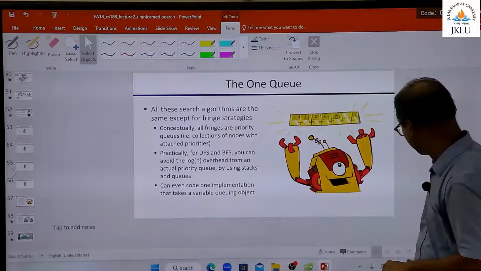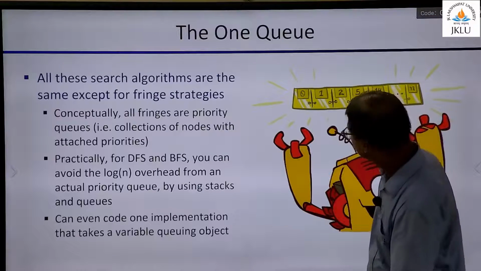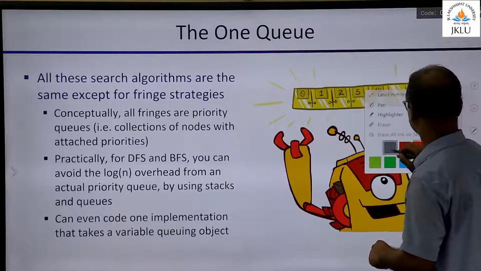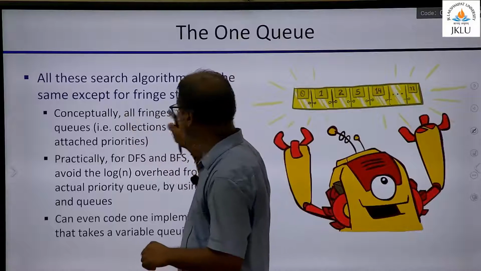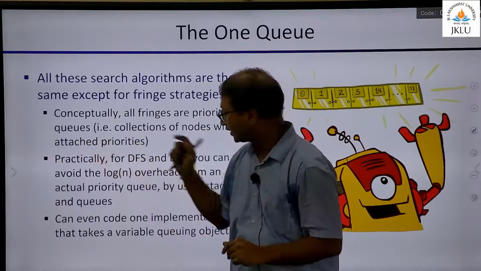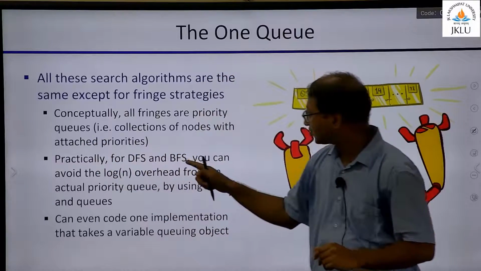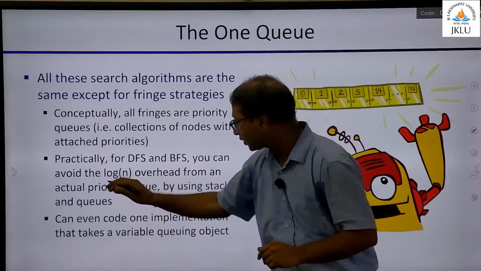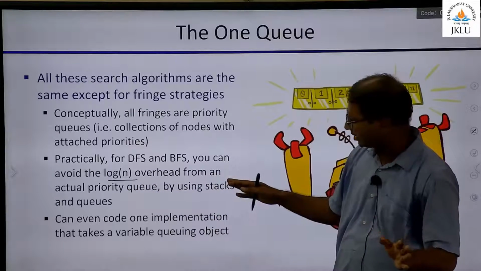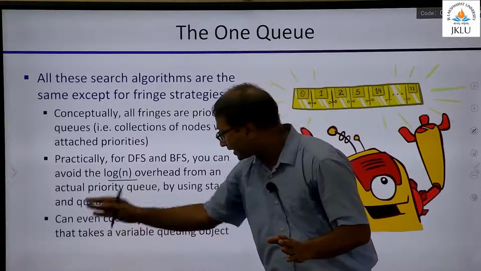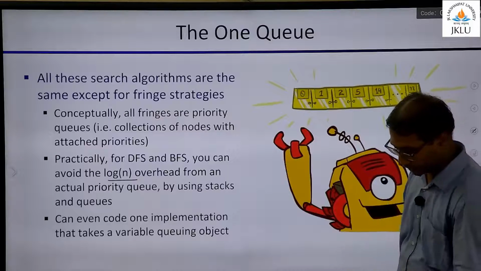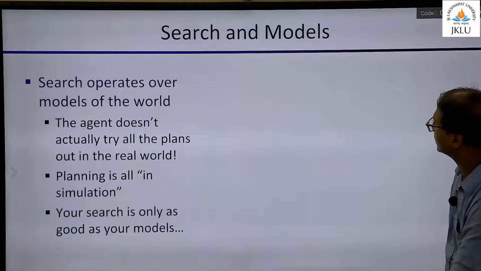Conceptually, all fringes are priority queues, that is collections of nodes with some attached priorities. Practically for DFS and BFS, you can avoid the log n overhead from an actual priority queue by using stacks and queues. You can even code one implementation that takes a variable queuing object. What does this mean?